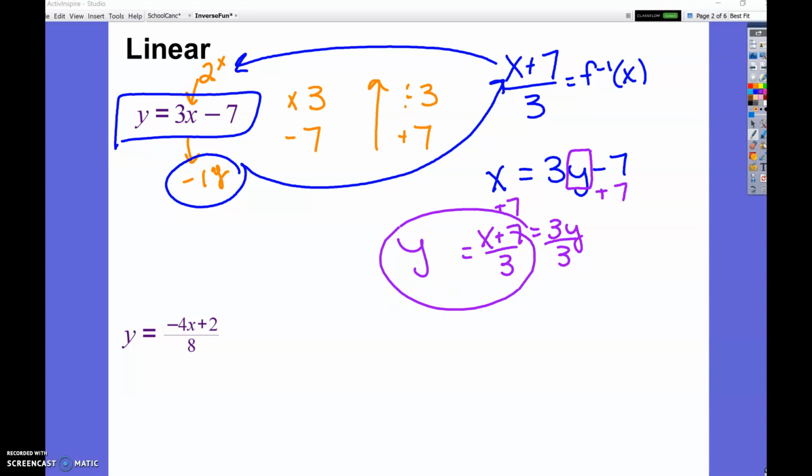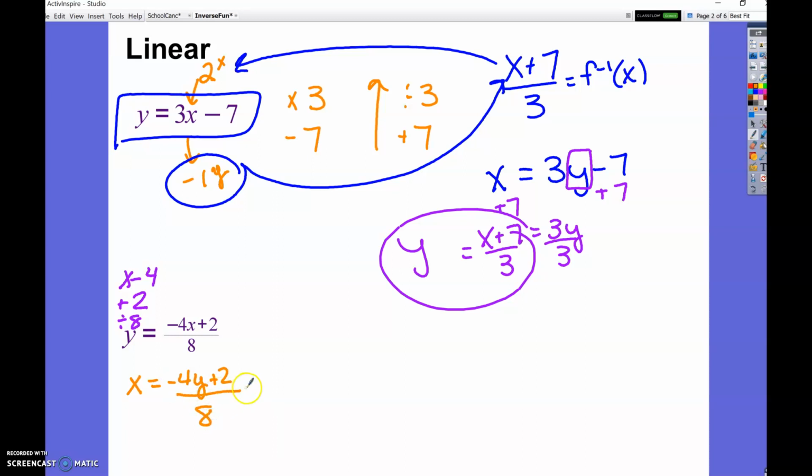So let's try the other linear one down here. We could talk about how first you would multiply by negative 4, and then add 2, and then divide by 8. So we know we'd reverse those, but let's try solving with the flipping of the x and y first. So we'd have x equals negative 4y plus 2 all over 8.